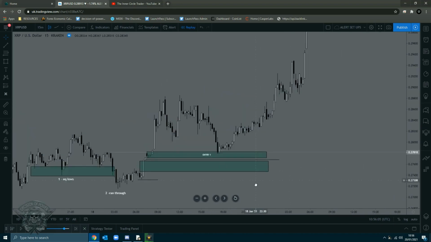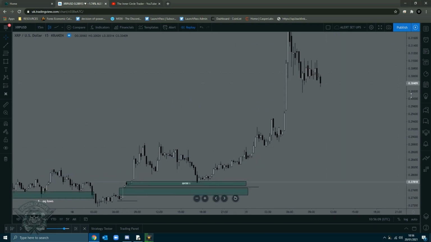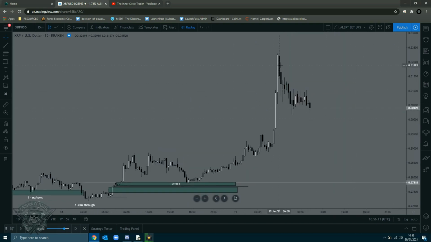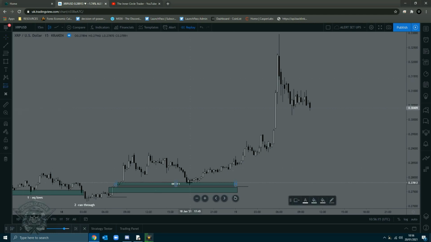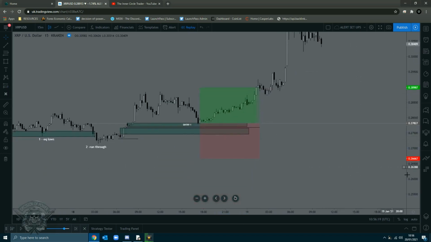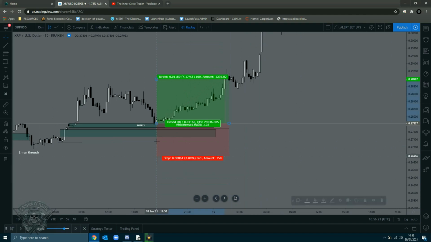Okay, so very minimal risk to reward. So as high as this market did go, let me have a look. If you did take a long position down here, the first initial stop loss was going to be right underneath that candle there.